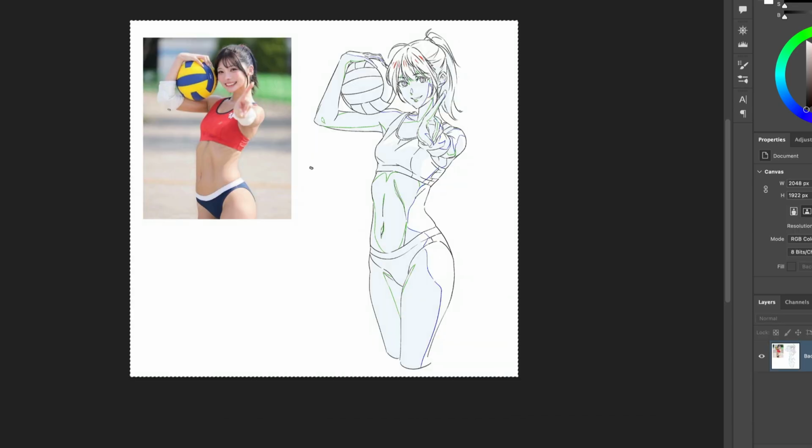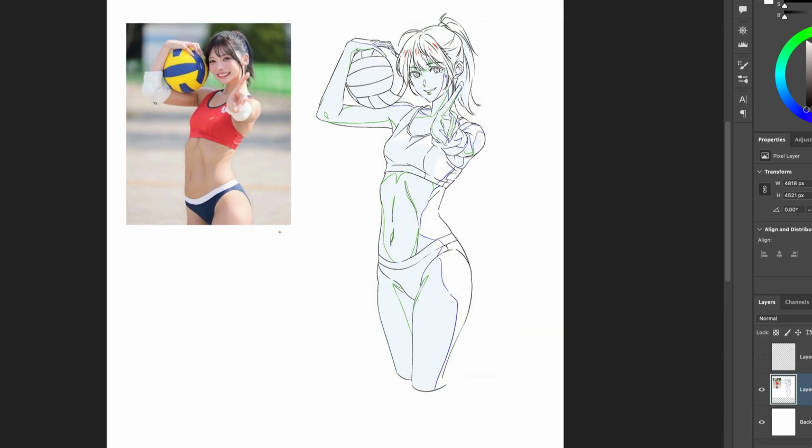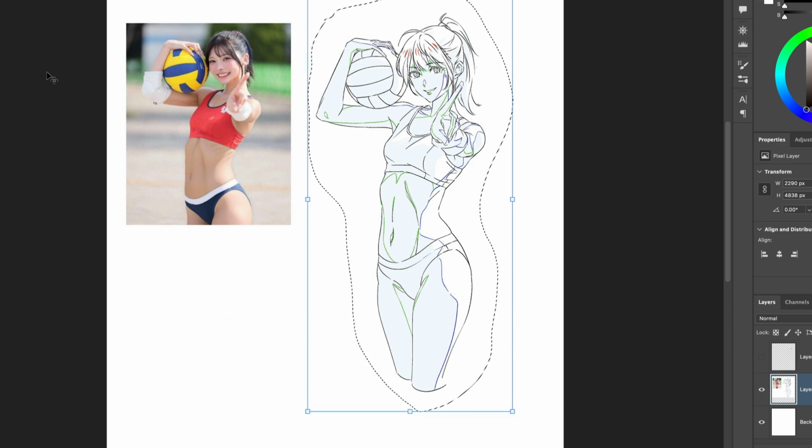Okay. So going back to our cute girl here. Don't get me wrong, I'm not throwing any shade at this artist, and apologies to the artist because it is a very good drawing.